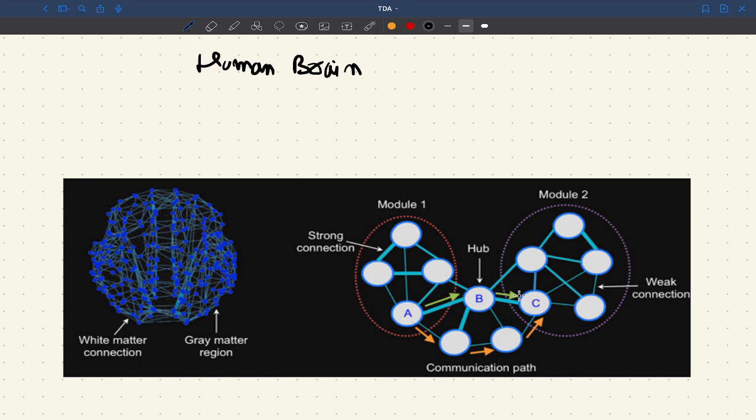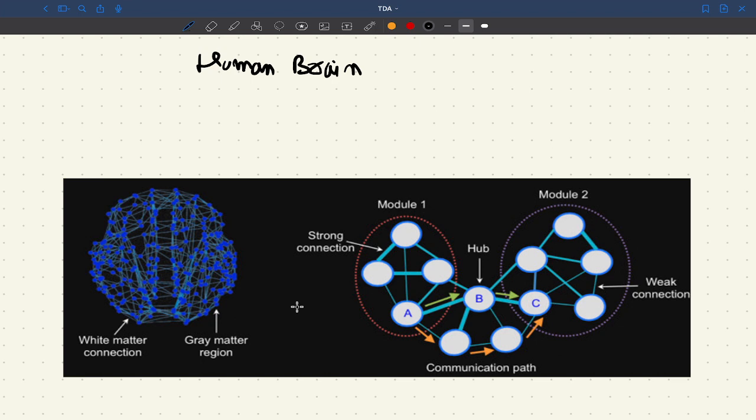The topological features associated with this brain data set can help us gain insight about the functioning of the brain, like which modules necessarily work together.